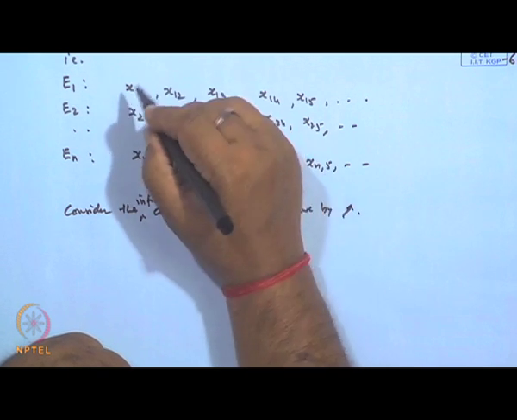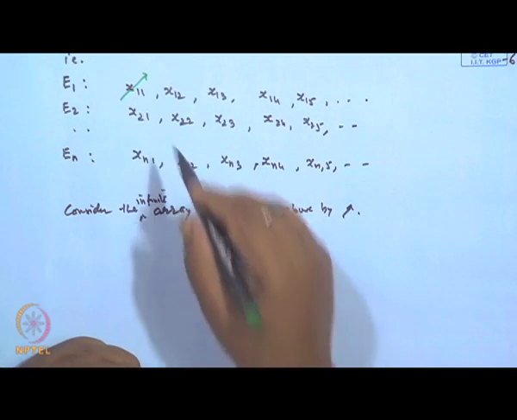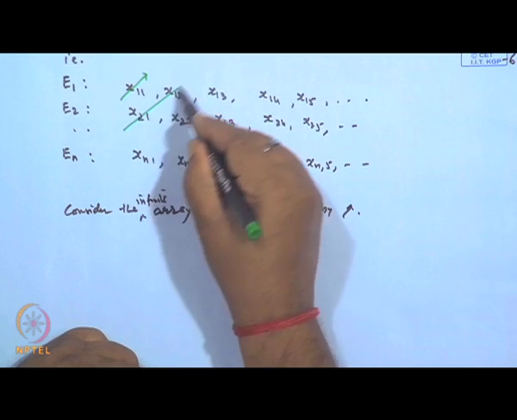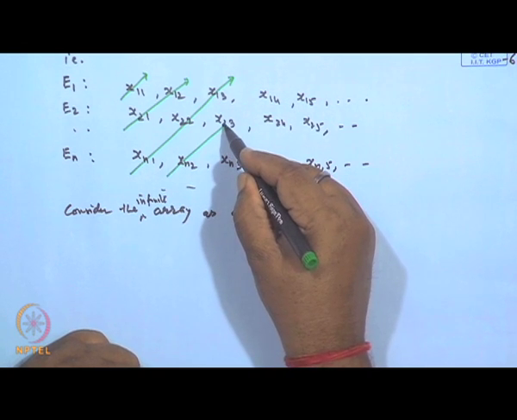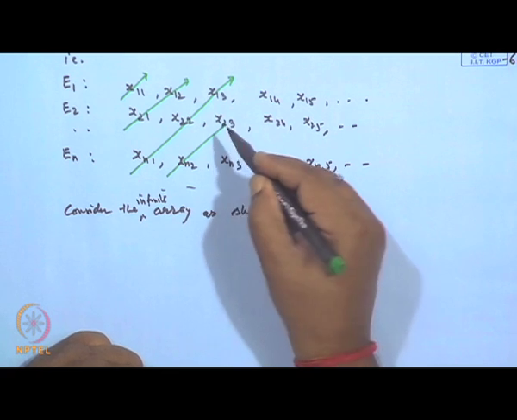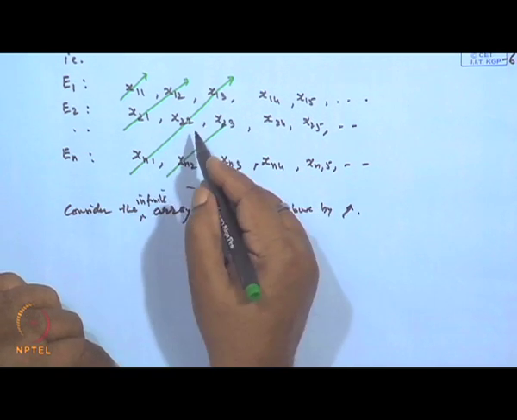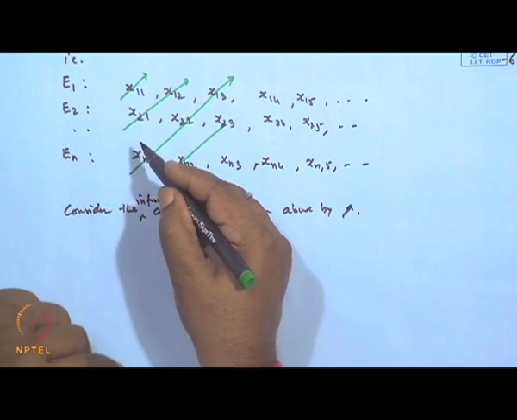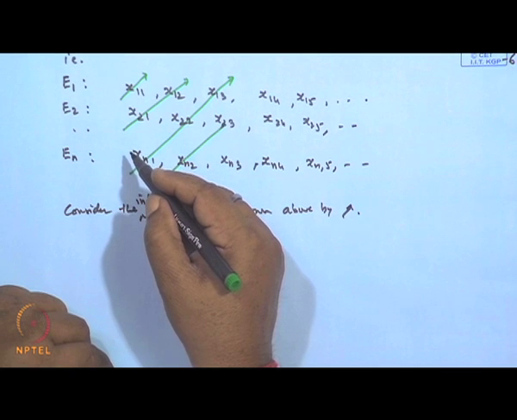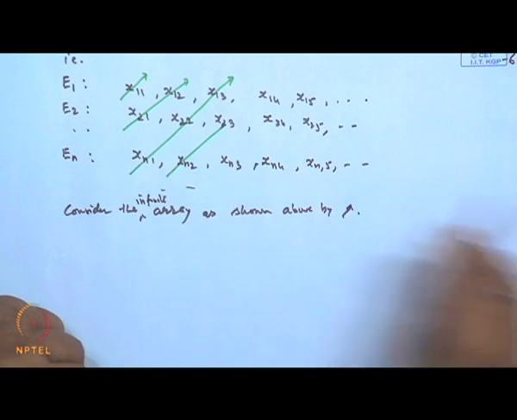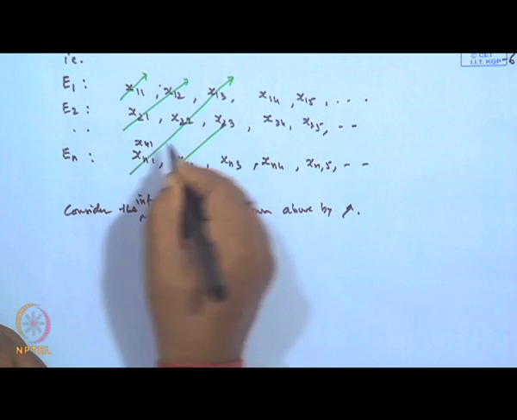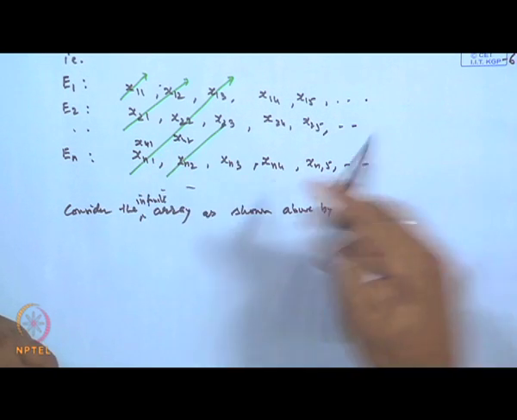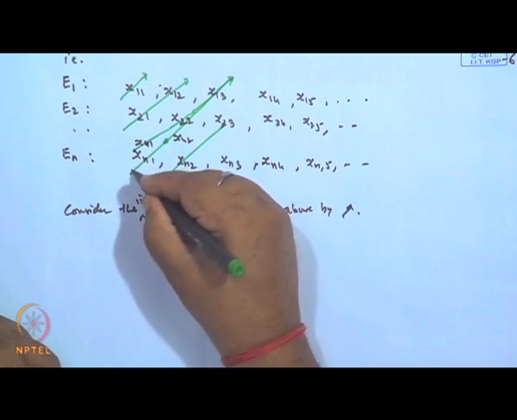Suppose I take this arrow first, then I choose this one, then this arrow, then this one: x_n1, x_n2, x_31, x_32. So, basically this will be x_41, x_42. This ray will go like this.